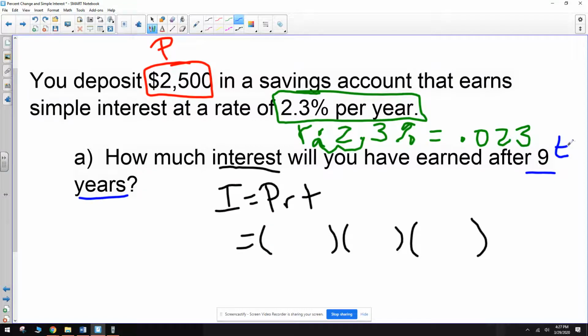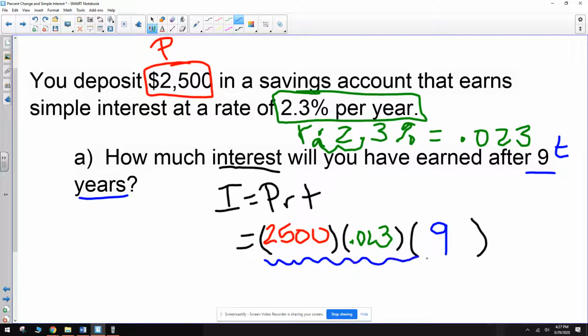Okay, and I fill it all in. So the first spot is principal, and that's my 2,500. The next spot is my rate, which is 0.023. And the next spot is my time, which is 9 years. Now all I have to do is take all of this and type it in my calculator, multiply it all together. So I grab my calculator.